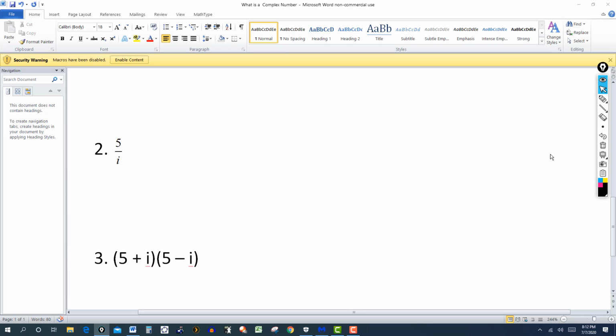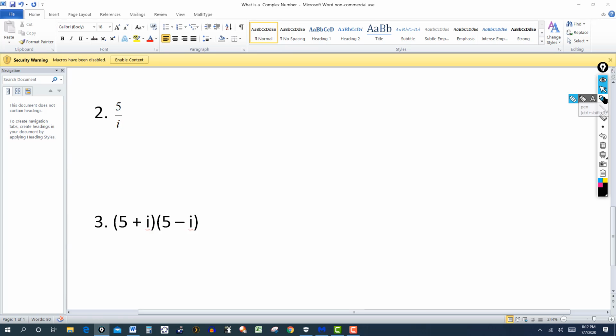Clear this. And then for this one, again, multiplying the sum and the difference of the same two terms. You can do your regular multiplication there, but this is going to be 5 times 5 is 25. Minus i times i is minus i squared. And then you're also going to have here this product here is 5i, and this is minus 5i.